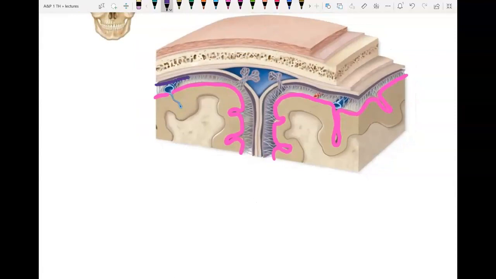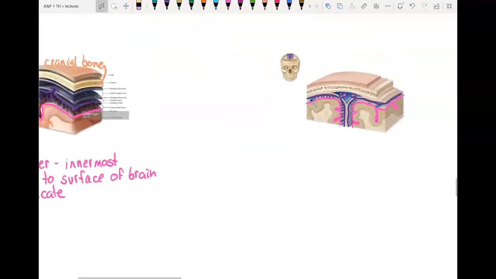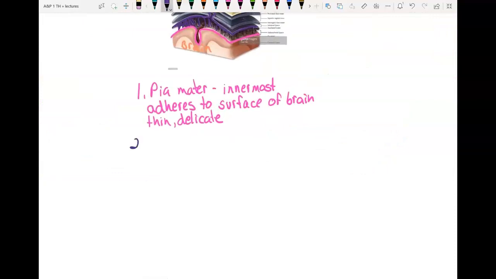It's this part right here. Here's that little tree thing. It's on this side too. And again, here's all these little stilts underneath of it. So number 2 is arachnoid mater.